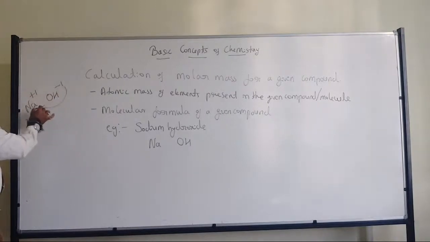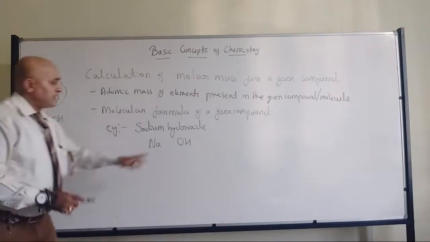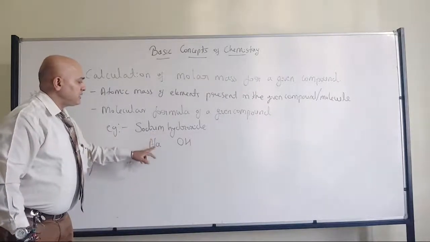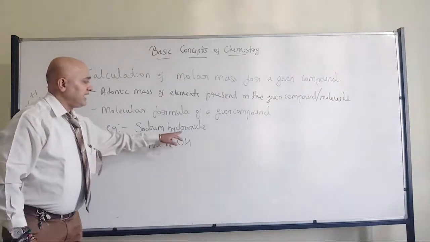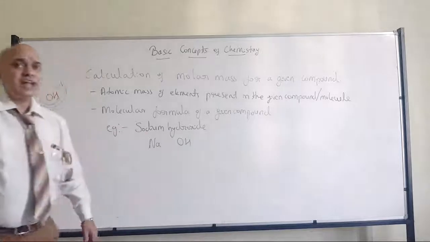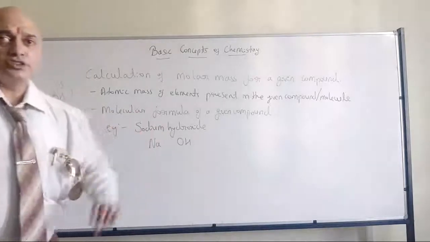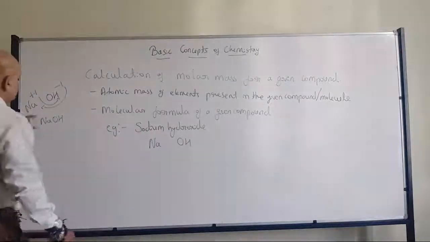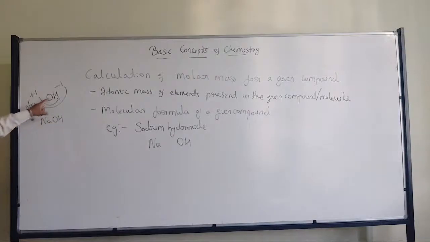So 1 here and 1 here. Therefore, it can be written as NaOH. I have left the gap only because below sodium I have written Na and below hydroxide I have written OH. Otherwise it should be written together. So that's sodium hydroxide.